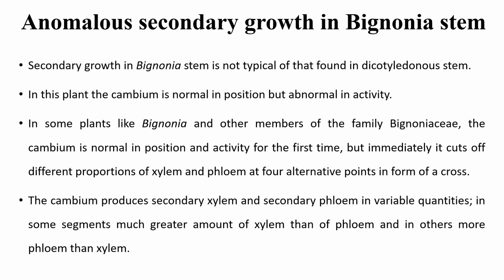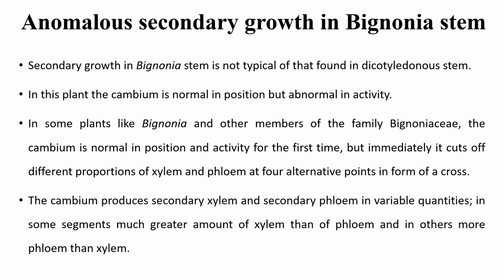In some plants like Bignonia and other members of the Bignoniaceae family, the cambium is normal in position and activity for the first time, but immediately cuts off different proportions of xylem and phloem at four alternative points in the form of a cross. The cambium produces secondary xylem and phloem in variable quantities.